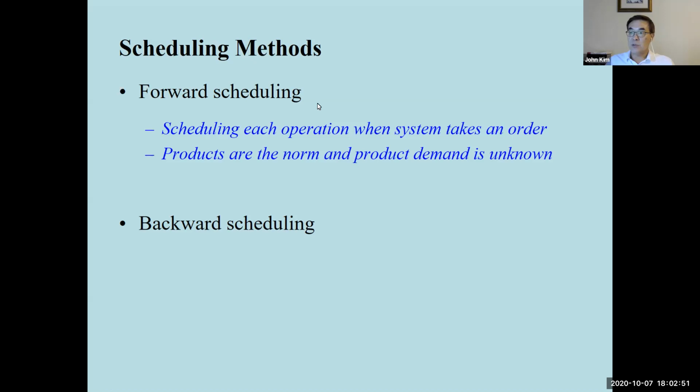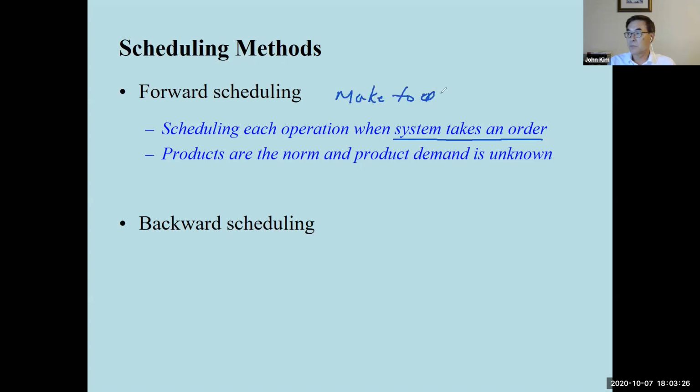Forward scheduling: scheduling each operation when the system takes an order. The system starts work when a customer order comes. That is a make-to-order system.